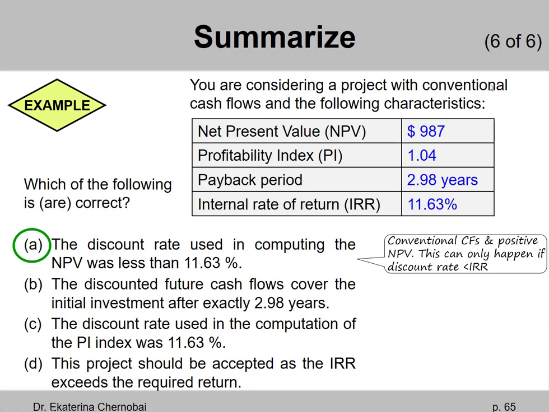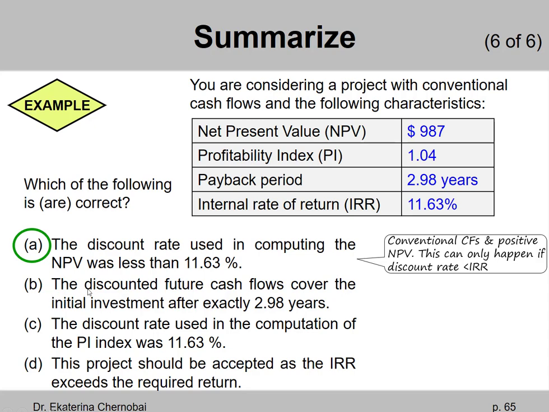And for a typical project, it's accepted when, meaning the NPV is positive, and it is, right? It's $987, when the required return is less than the IRR. And so the discount rate being less than 11.63% must be correct.